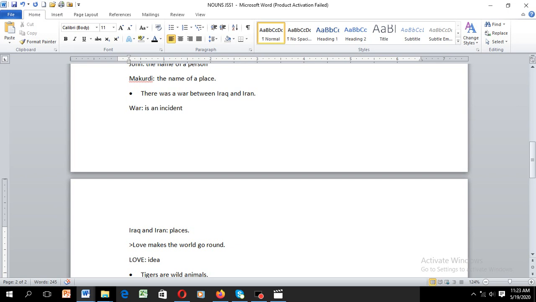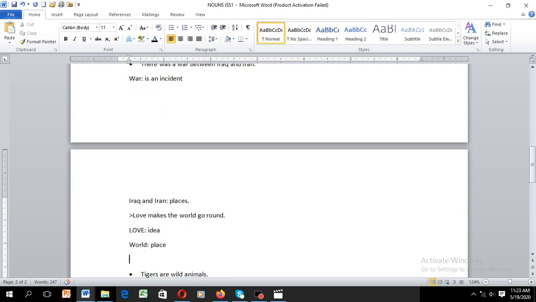It's something that came from the mind and I want to give it a name, so it's love. So the next word we will underline is world. The world is a place, right? We're all living on this earth. The world is the same thing as the earth. Then go round would be an action.